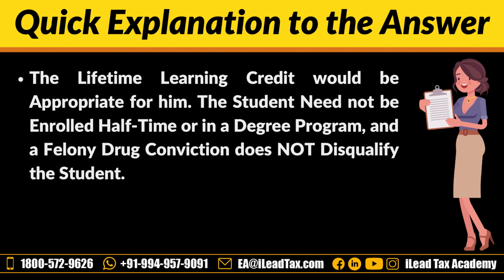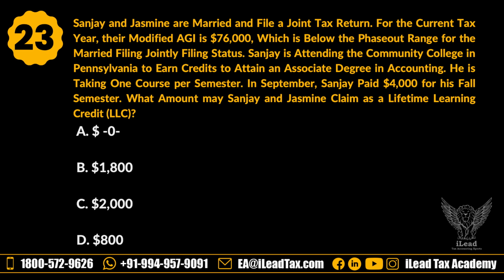But still, Chari can be eligible for the lifetime learning credit because it is available for students who are enrolled in at least one course at an eligible education institution, regardless of their criminal history or the number of years of post-secondary education they have completed. So, Chari's half-time enrollment in college would qualify him for the lifetime learning credit. Let's go to the next question.